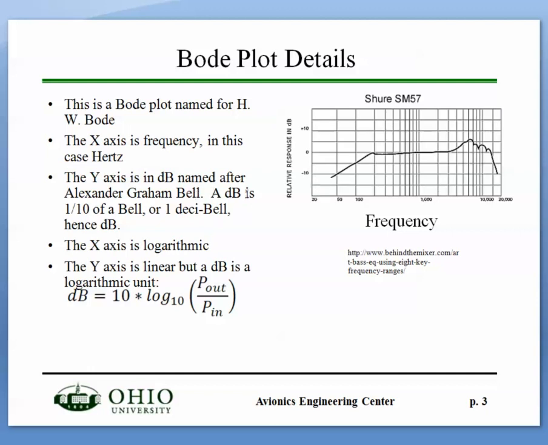A dB is a tenth of a bell, or a decibel, and hence that's how you get the name dB. Again, the x-axis is logarithmic, and the y-axis is linear, but a dB is a log unit. So here's what a dB is, and you can see it's got the log 10 in there.